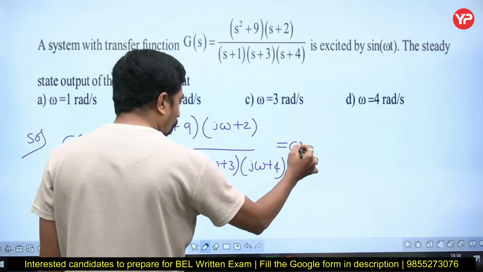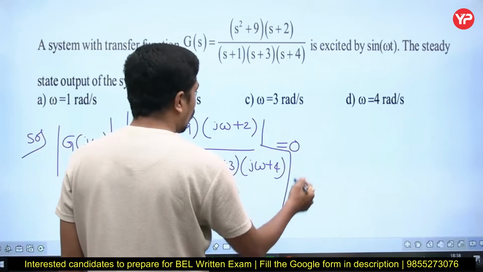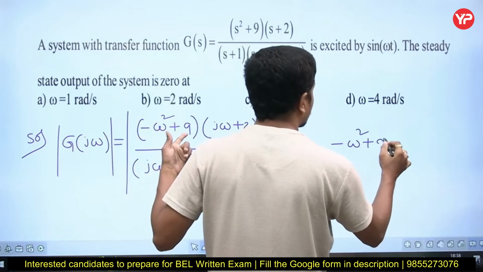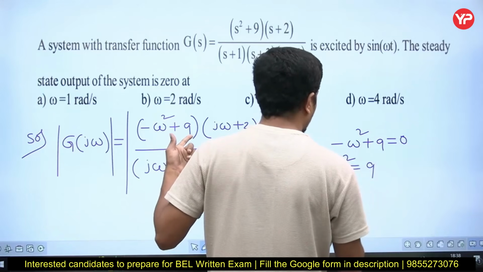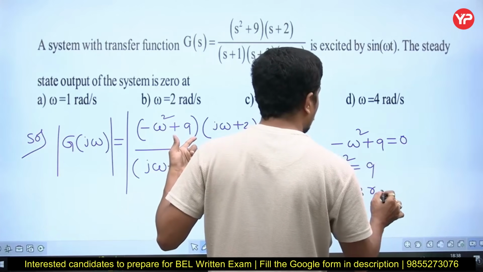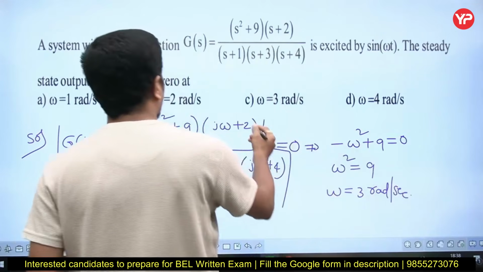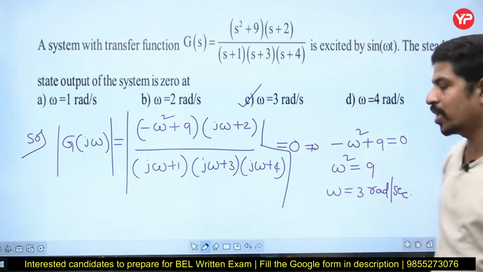I want the magnitude to be equal to 0. This will be 0 if minus omega square plus 9 is equal to 0. If you solve this, omega square is equal to 9. From this, omega equals 3 radians per second. Option is C, C for Chennai, 3 radians per second.